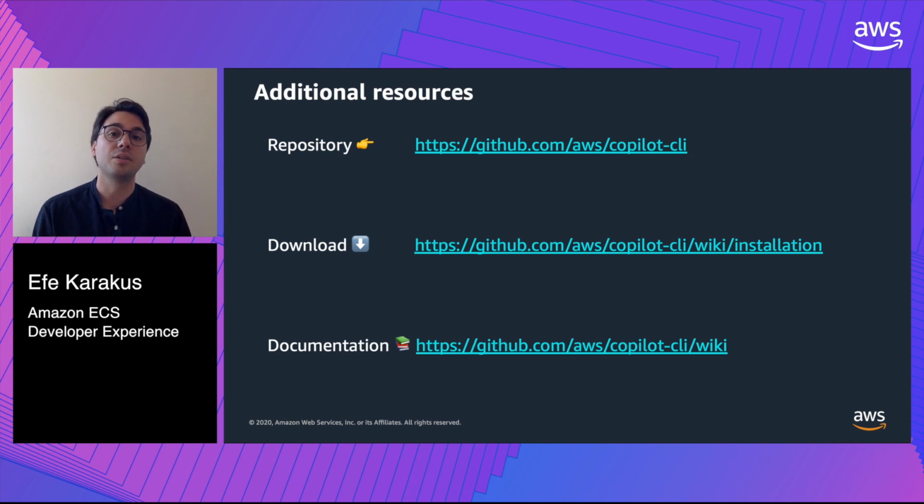An additional route that we're exploring right now is being able to use CloudFormation or the AWS CDK directly instead of our manifest file. So for example, if I don't want to use my manifest file anymore and I just want to write CloudFormation instead, you'll be able to do that.